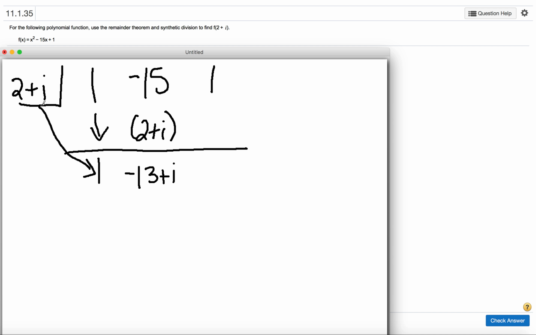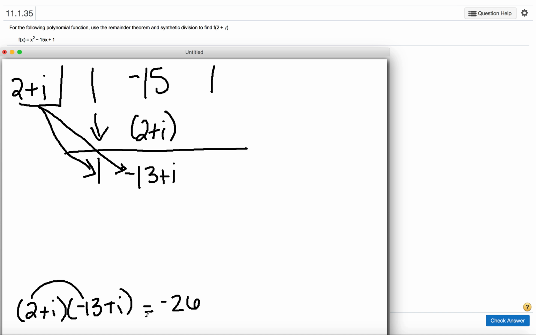I now have to take 2 plus i and multiply it by -13 plus i. I am going to have to use FOIL to do that. First, inner, outer, last. So my first times my first is -26. My outer is 2 times i.